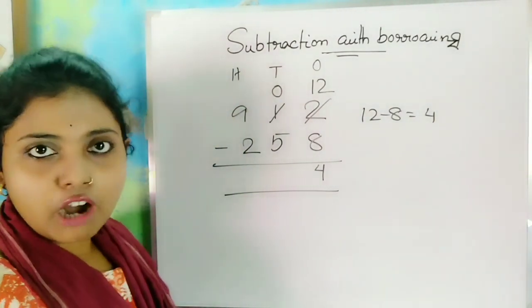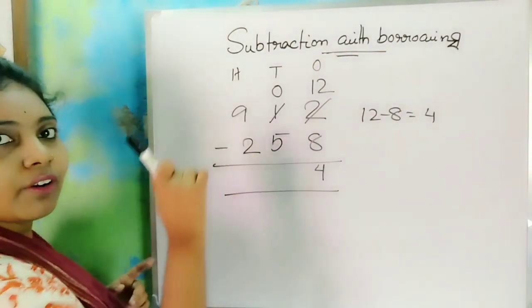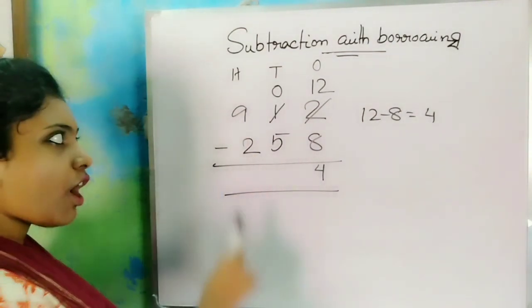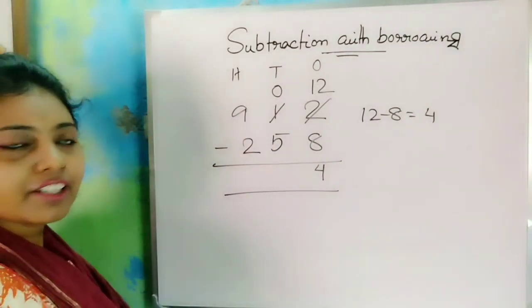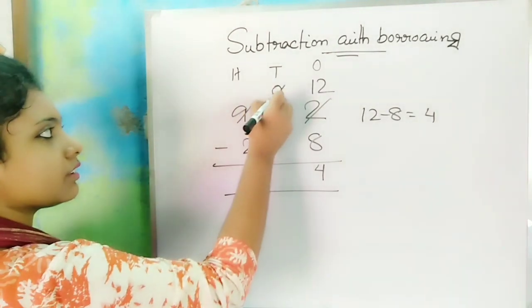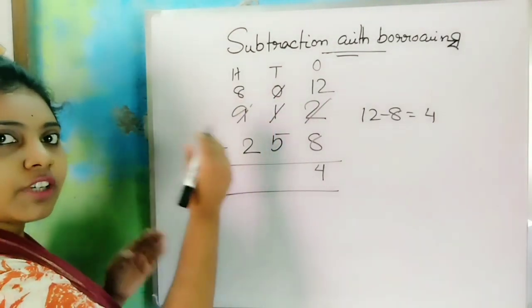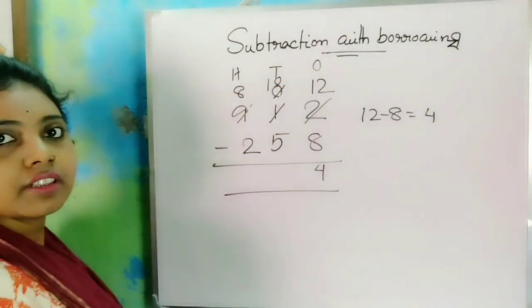So how is it possible? So see, we have to borrow 100 from this place, that is from 9. So we have to write here 8. That is, we have to borrow 100 and we have to write here 10.